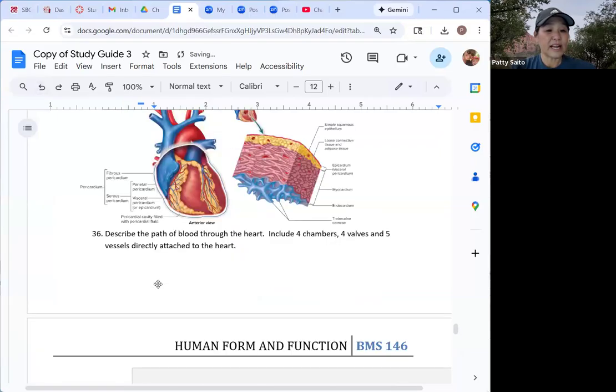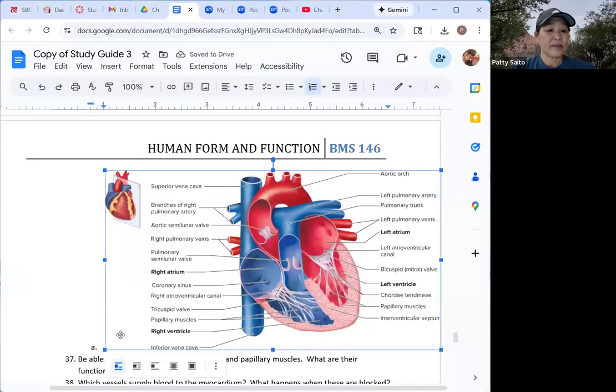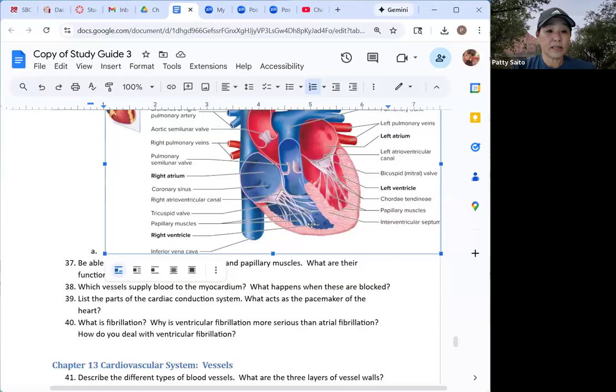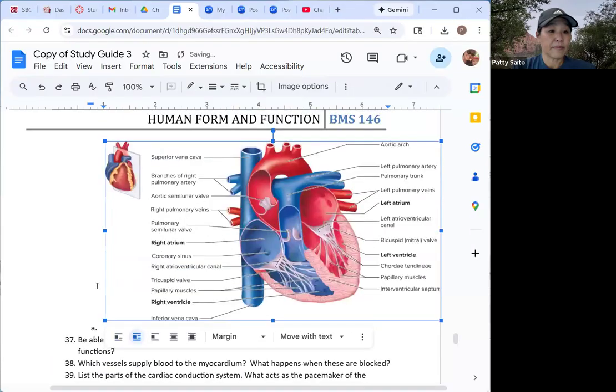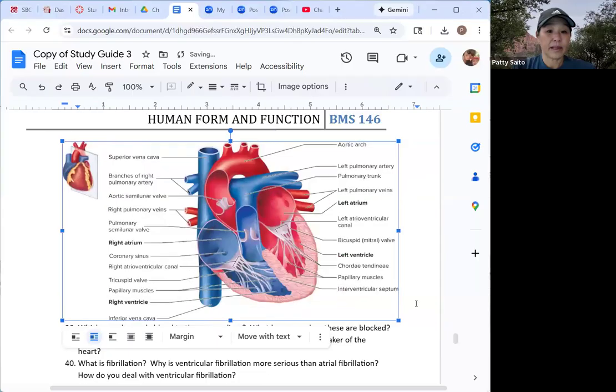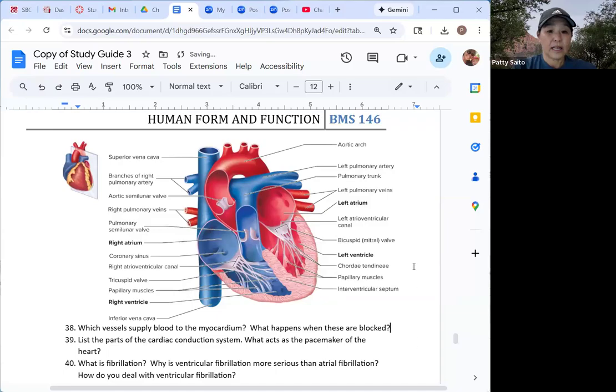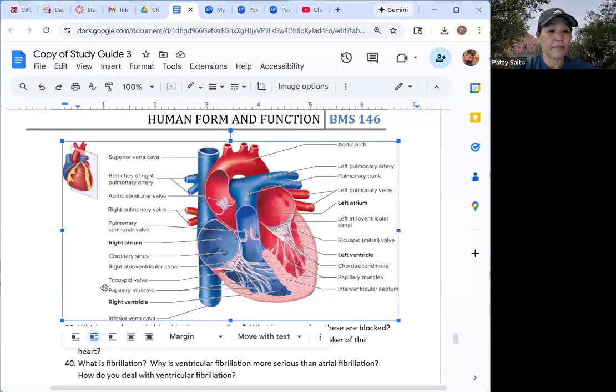Okay, a nice diagram of the heart that you might want to use to study, if you don't want to draw it. You don't have to draw it. And then I do want to give you another picture that has the, yeah. Hmm.